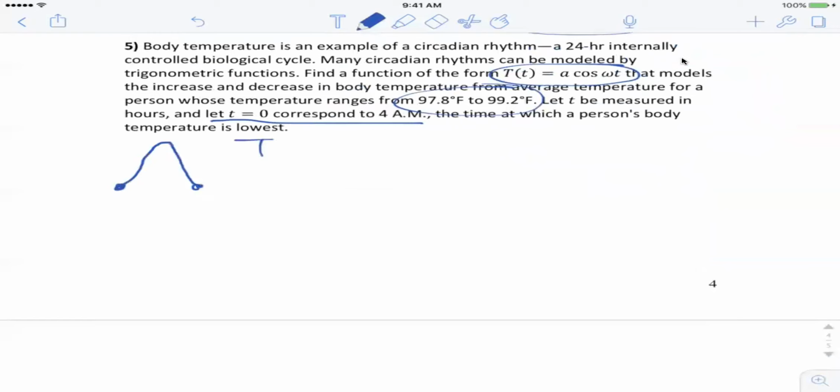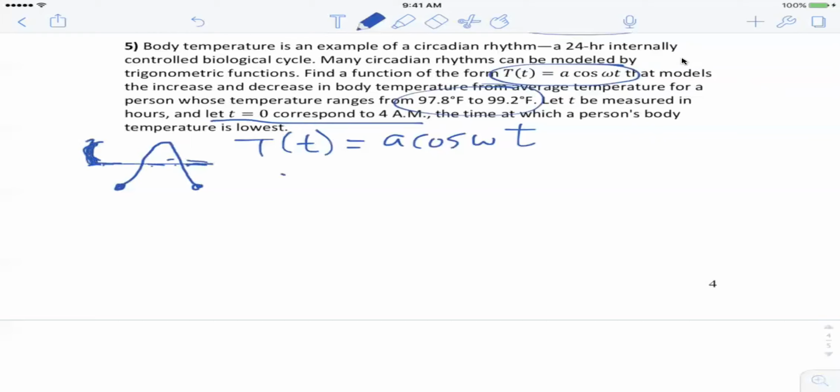Okay, so I have my model, and essentially what I need to do to come up with the function is figure out what A and omega are. A is the amplitude of this function. If you think about the amplitude, it would be that distance from the middle to the top, or it's half the distance from the max to the min.